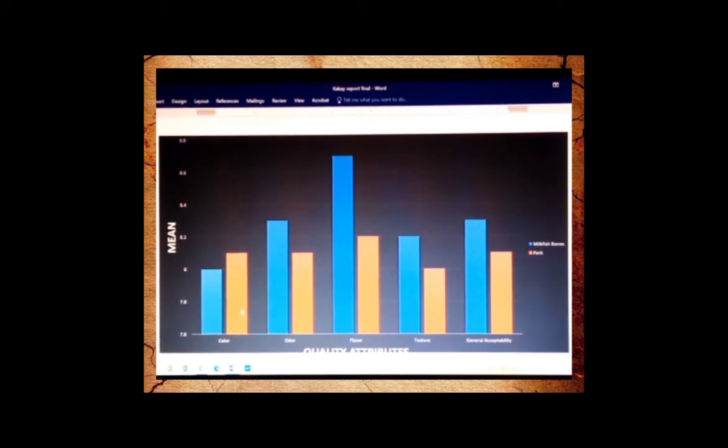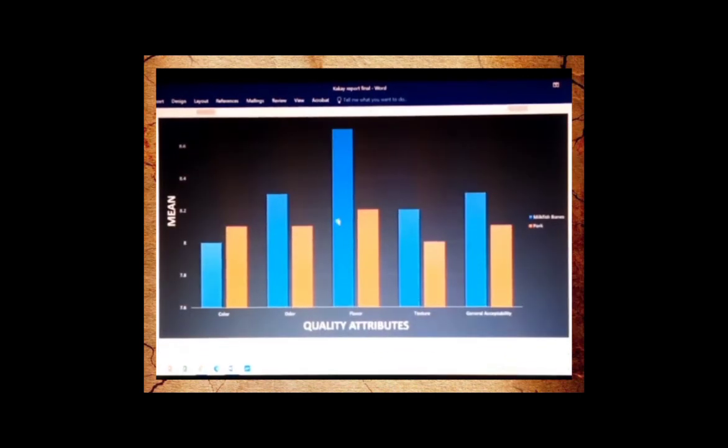So let's proceed to another example. In the quality attributes, we have the odor. The mean x1 of the odor is 8.3. We need to go up to 8.3 to make a bar. And the mean x2 is 8.1. So we need to go up to 8.1 to make a bar.